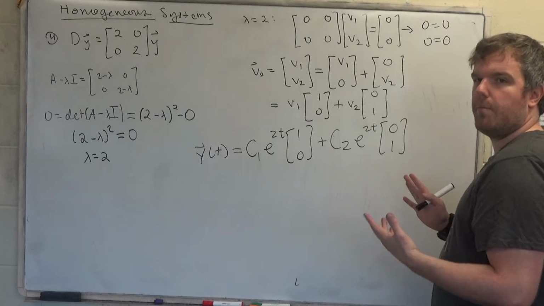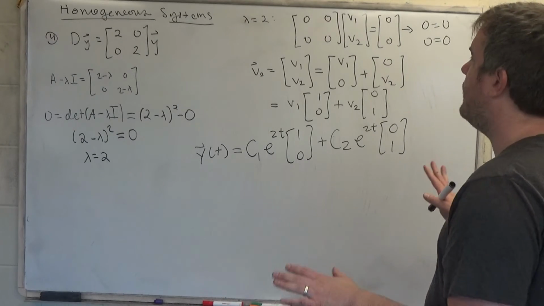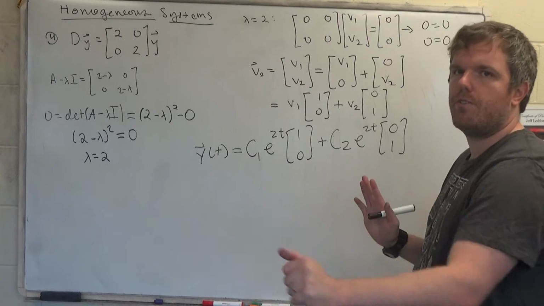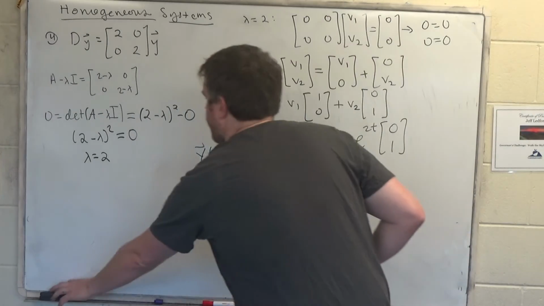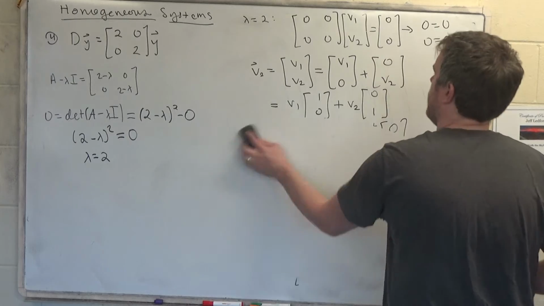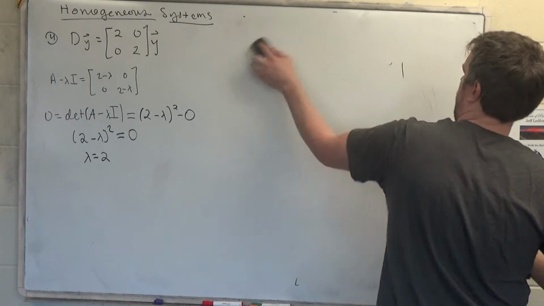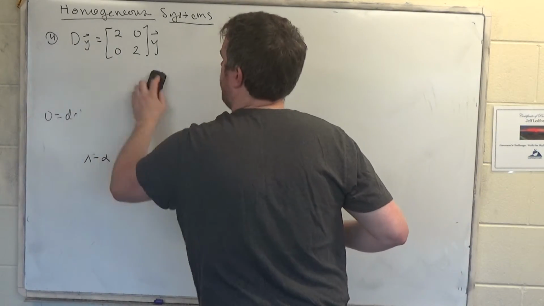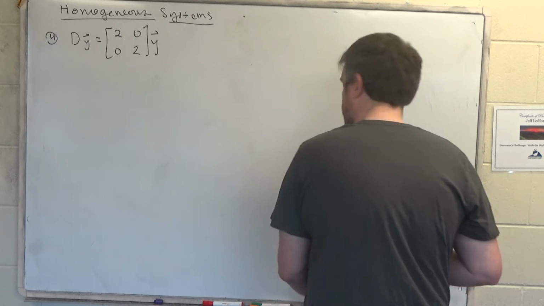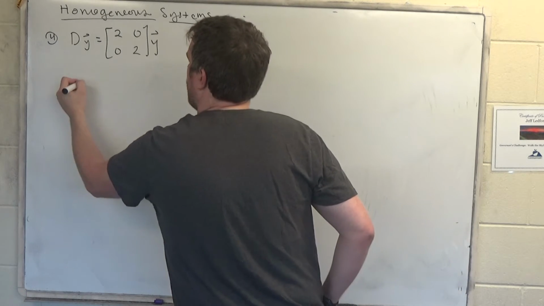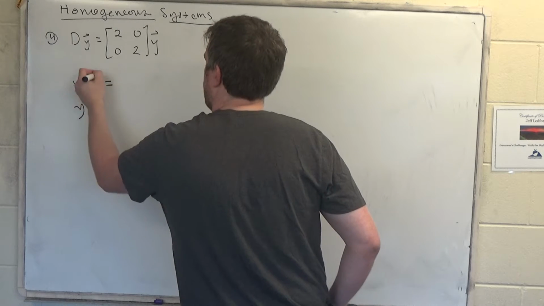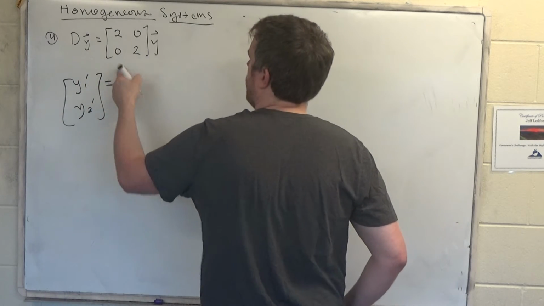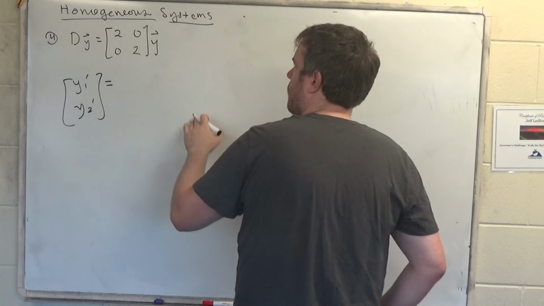But let's take a step back and realize that we didn't actually need any of this matrix arithmetic to make this work. So recall that what this system stands for is y1 prime, y2 prime equals, well, y is y1, y2.